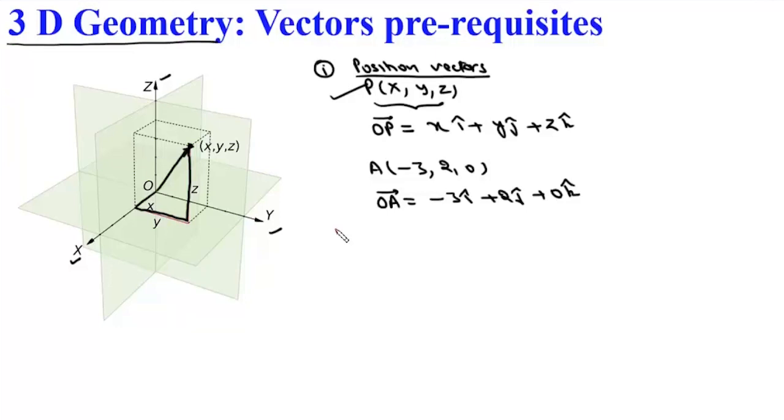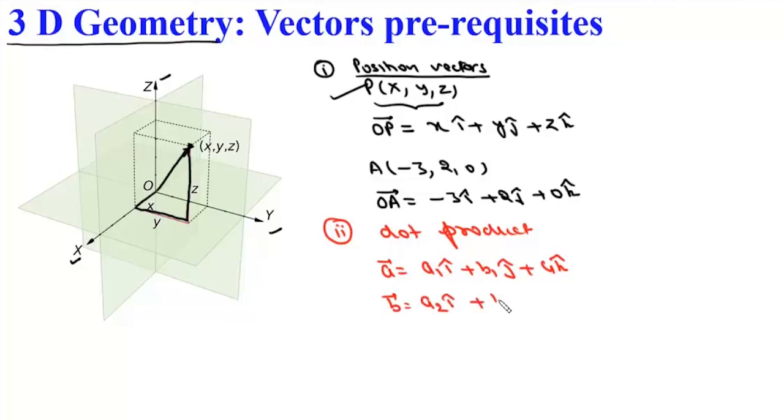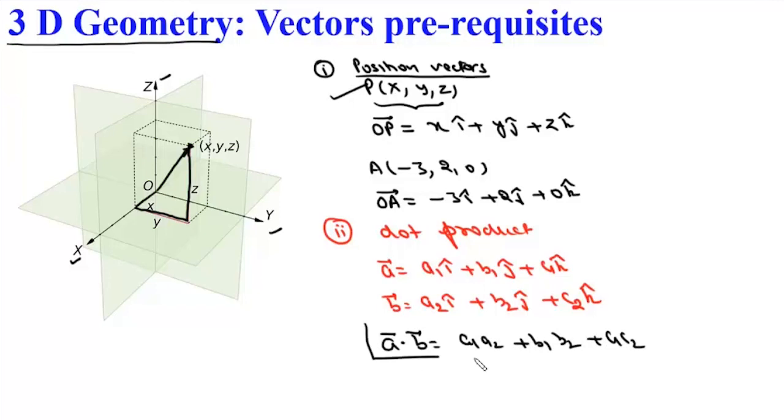Now the second thing in vectors that we'll need is dot product. Now we know that if we have two vectors, say A, which is a1i plus b1j plus c1k, and another vector B, which is a2i plus b2j plus c2k, then A dot B is defined as a1a2 plus b1b2 plus c1c2.